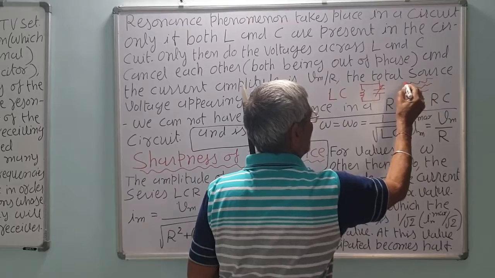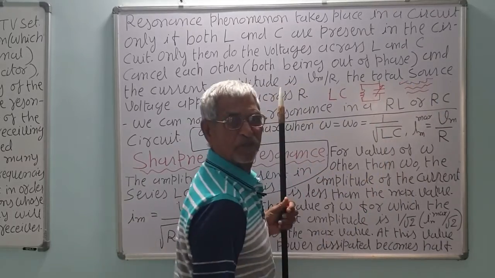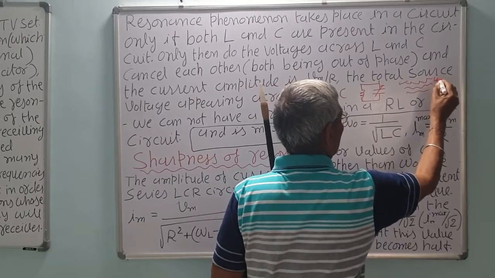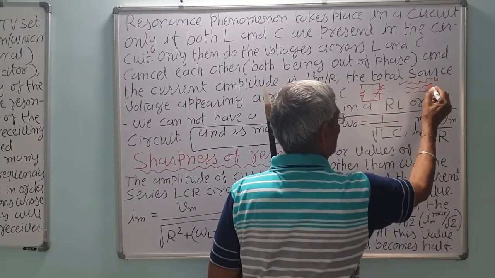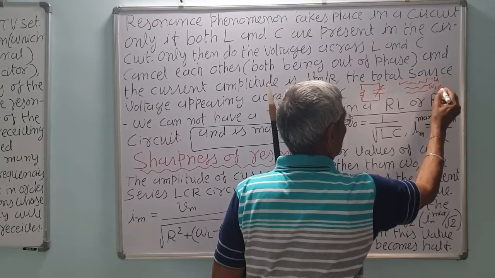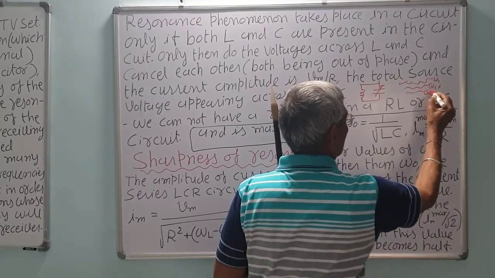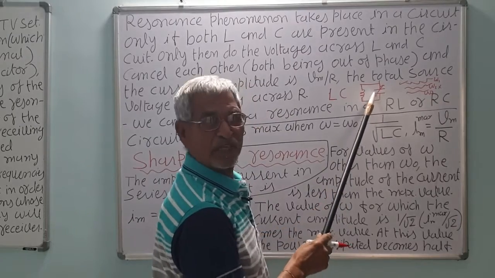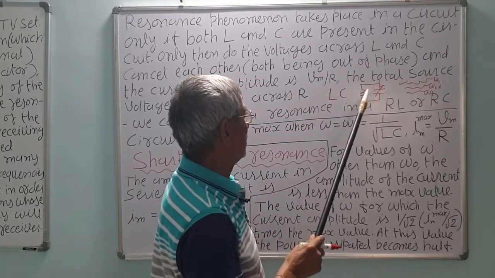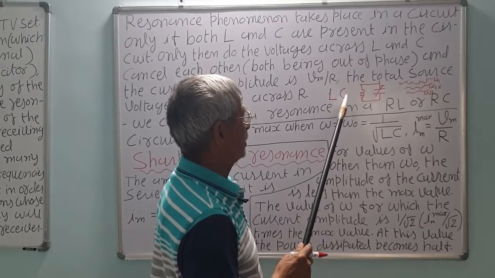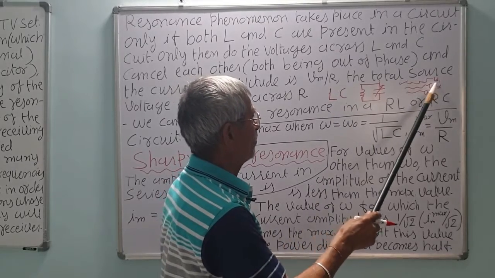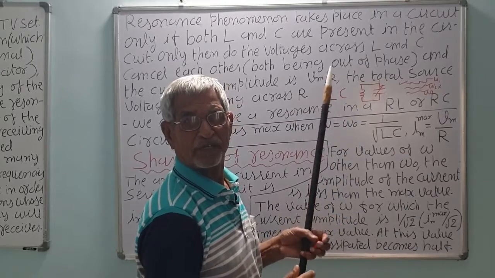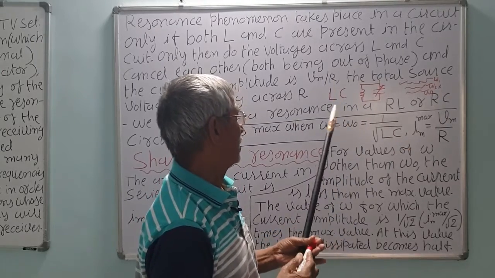But suppose we want the particular signal, this one, having the frequency say omega 1. This is omega 2, we don't want. These are unwanted. We don't want this one. So we have to change the capacitor's value so that 1 upon under root LC becomes equal to omega 1. Then the antenna of our radio will pick up the signal.